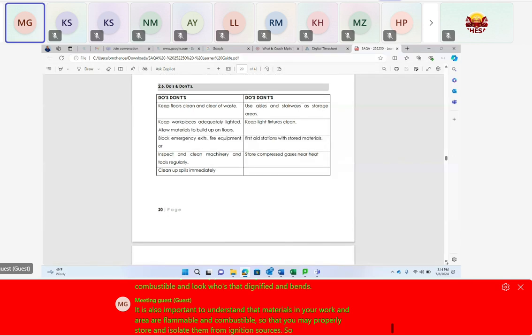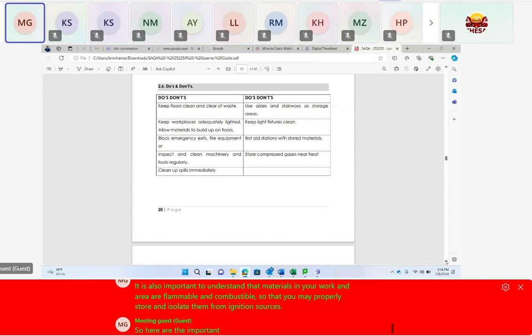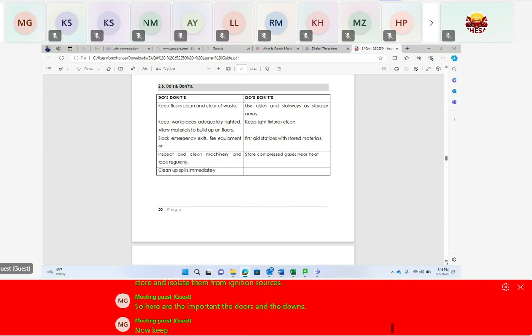So here are the important do's and don'ts. Keep floors clean and clear of waste. This is the do. Use aisles and stairs as storage areas. This is the don't. On your left are the do's, on your right are the don'ts.